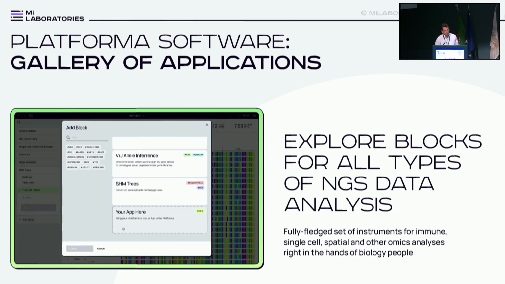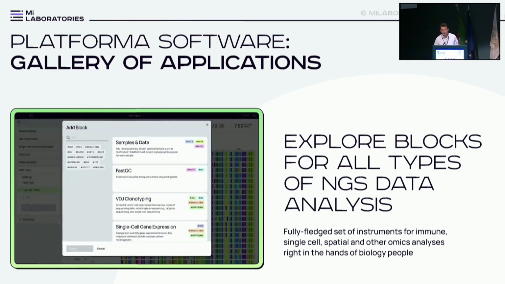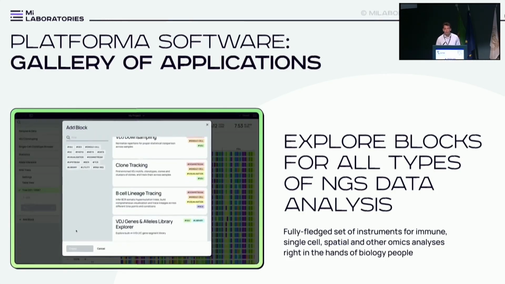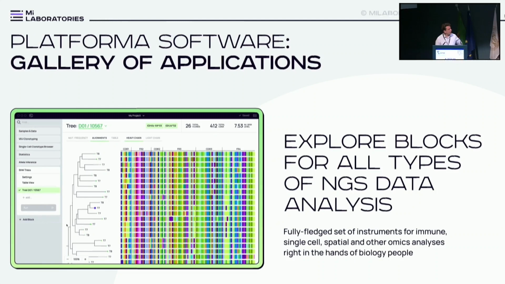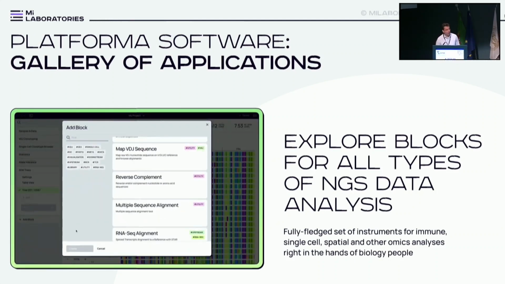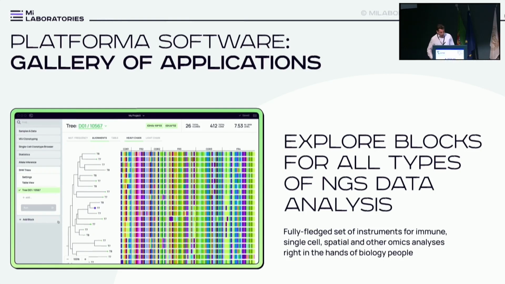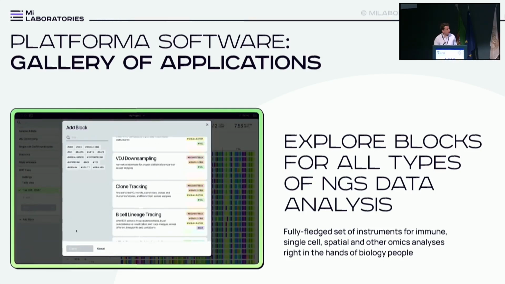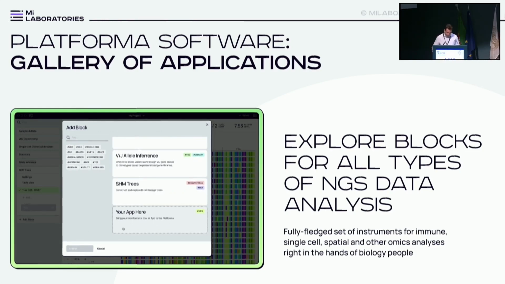The fact that the platform is open allows bioinformaticians and bioinformatic developers from academia, for example, to develop their pipelines and blocks, and bring them to the platform, so that scientists and biology people can use those pipelines and algorithms from a nice graphical user interface without the need of running code. And as with MiXCR, we provide all our software absolutely free for academic research.